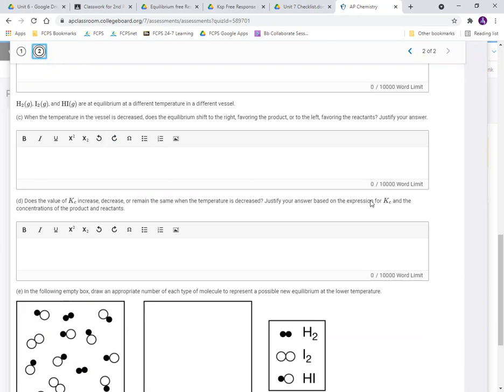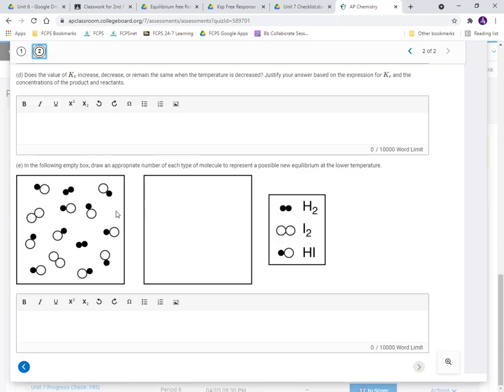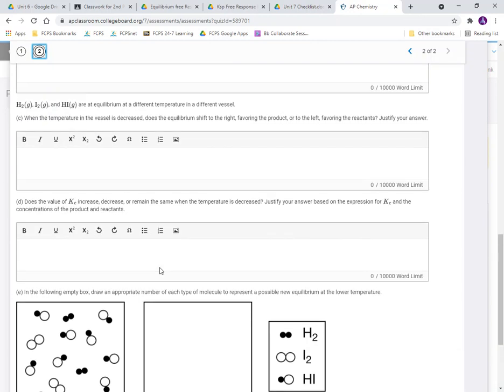Justify your answer based on the expression for Kc and the concentrations of products and reactants. Oh, you meant E. Okay, the particles one. Is that correct? And the empty box: draw an appropriate number of each type to represent the possible new equilibrium at the lower temperature.